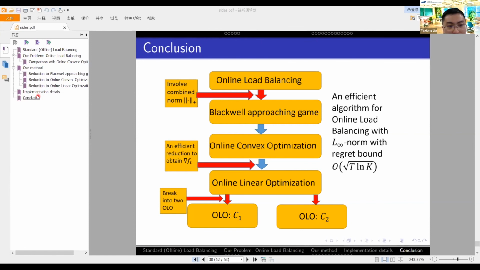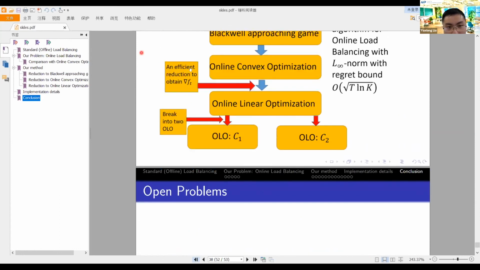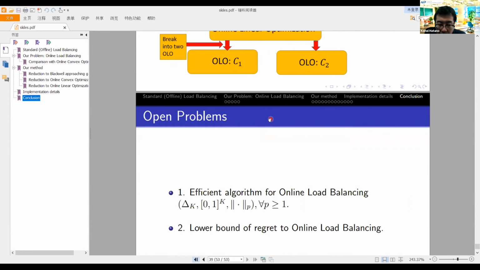If you mean generalizing to any LP norm, I think the difficult part is to calculate the corresponding subgradient here. Otherwise, it's not efficient. Okay, so maybe for general norms, we can formulate similarly, but there's no efficient algorithm for that. That's the answer. Yes.